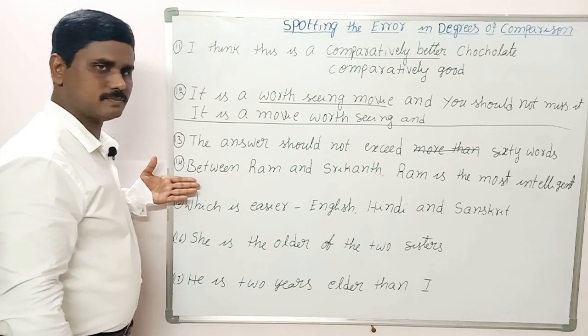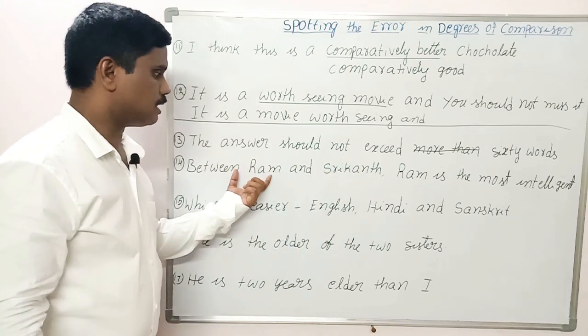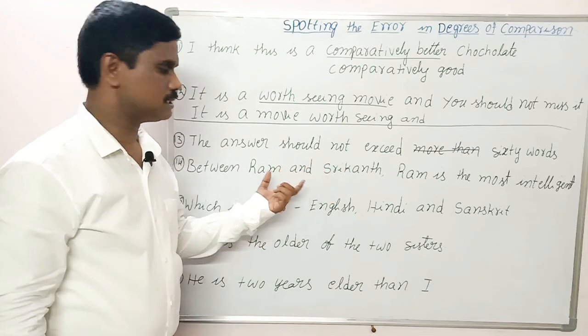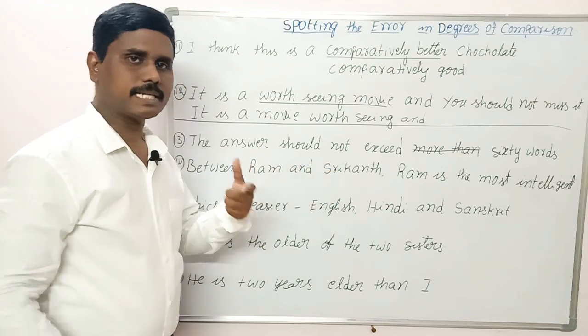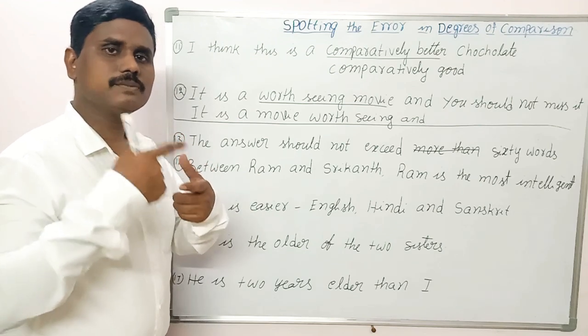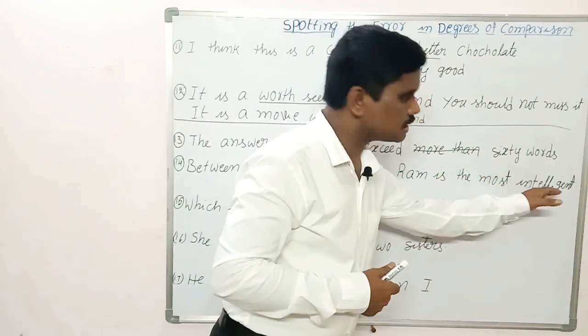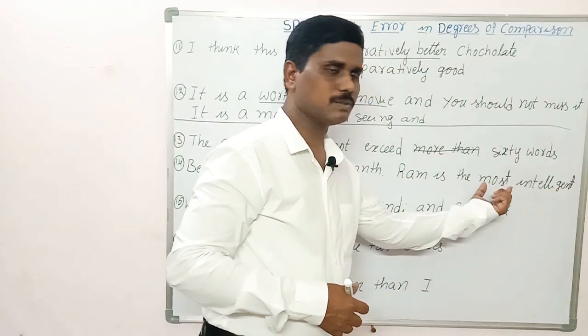Now let us see: Between Ram and Srikant, how many members? 2 members. When the comparison is between 2 persons, 2 places, 2 things, we use a comparative degree. So here, Ram is the most intelligent. Here this is adjective 3.